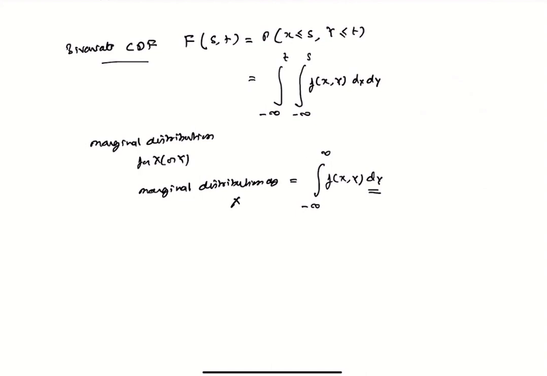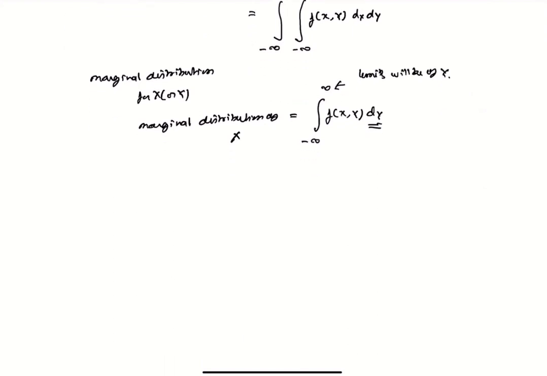So if you are doing the marginal distribution of x, the limits are going to be of y, because we are summing over all the values of y. So this will be the marginal distribution of x.